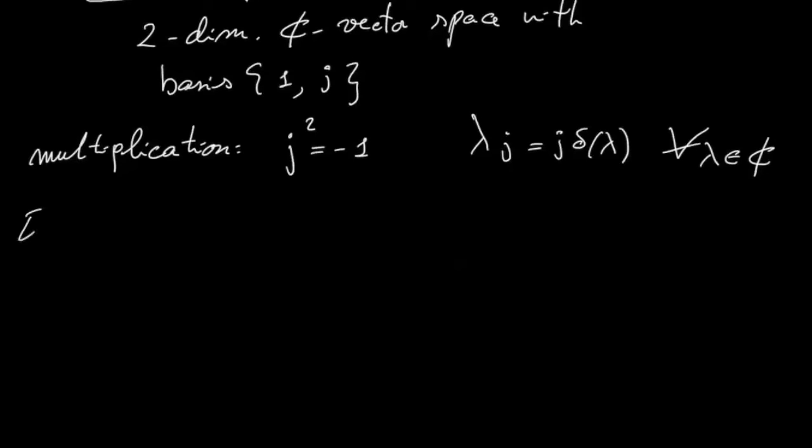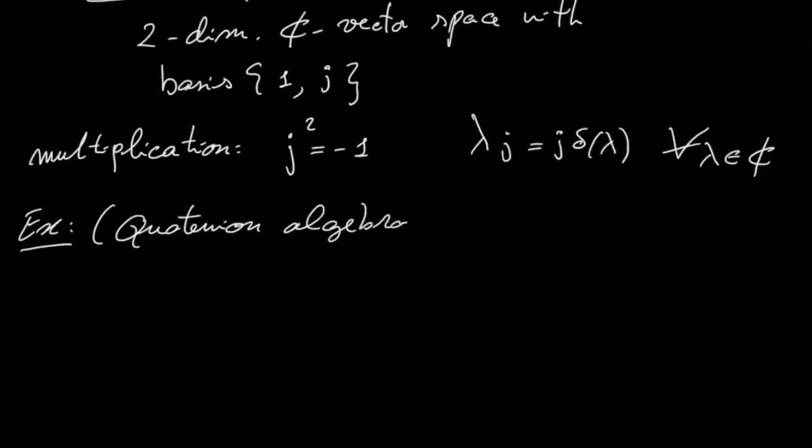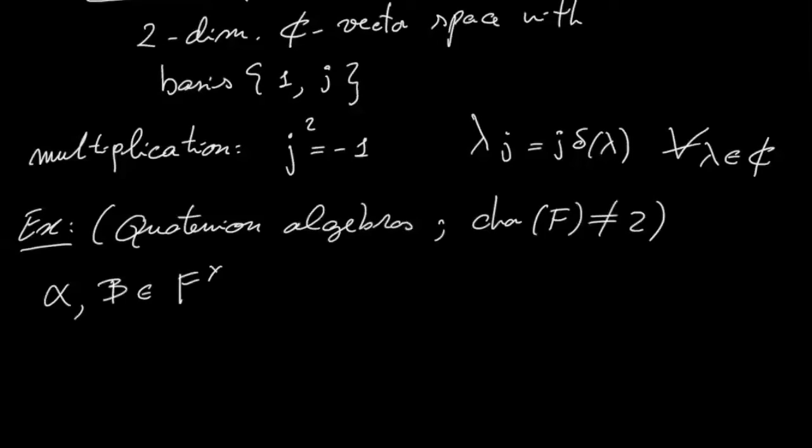Let's see another example: quaternion algebras. Now we are in the case where the characteristic of F is different from 2. Suppose that you pick two invertible elements alpha and beta in F, and let's assume that alpha is not a square.